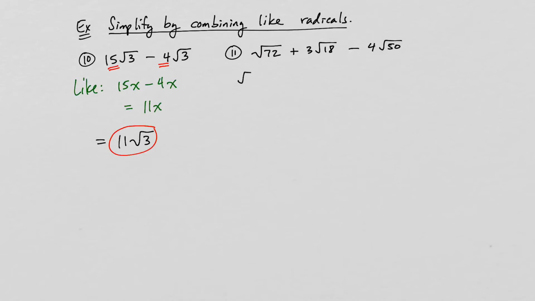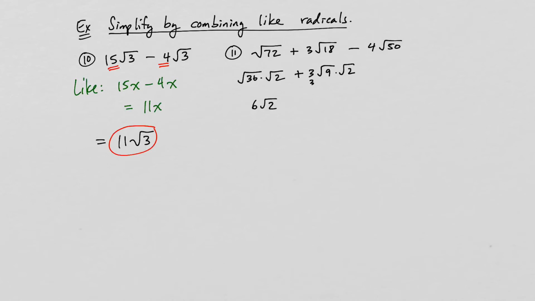So the square root of 72 would be the square root of 36 times the square root of 2, which would be 6 radical 2. Then we have plus 3 radical 18, which would be 3 radical 9 times radical 2.